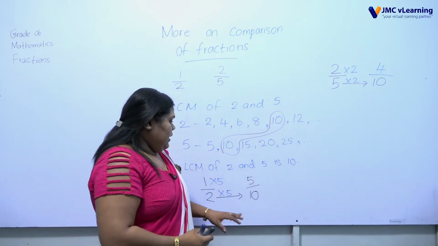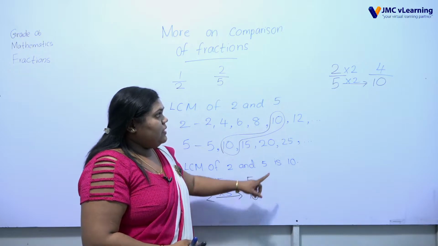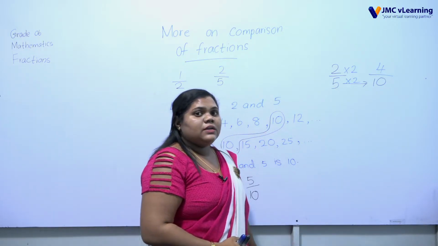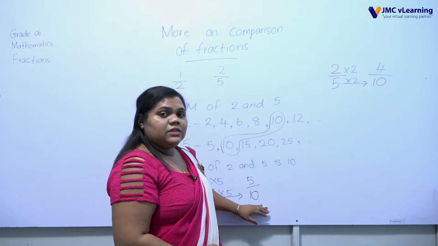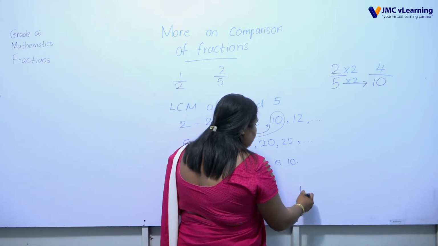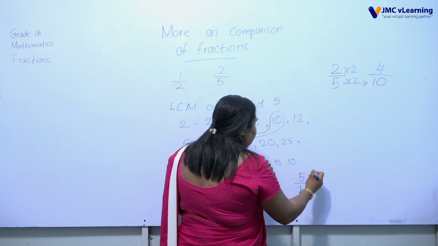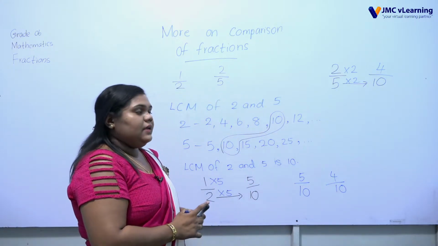Now, you can compare these two fractions. 5 out of 10 and 4 out of 10. Now, both the fractions are converted into the same denominator, so we can compare them.